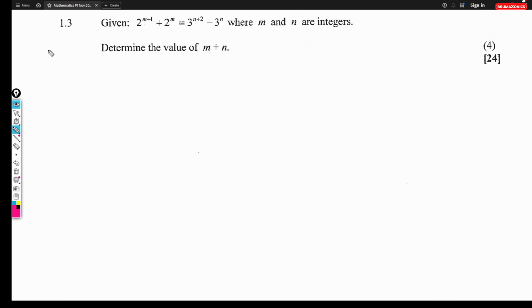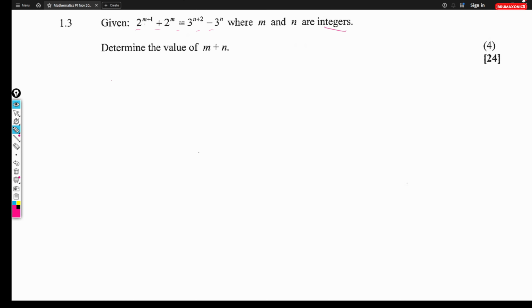So this is actually our final question. Given this, where m and n are integers, meaning they are numbers, determine the value of m plus n. This is the simplest.